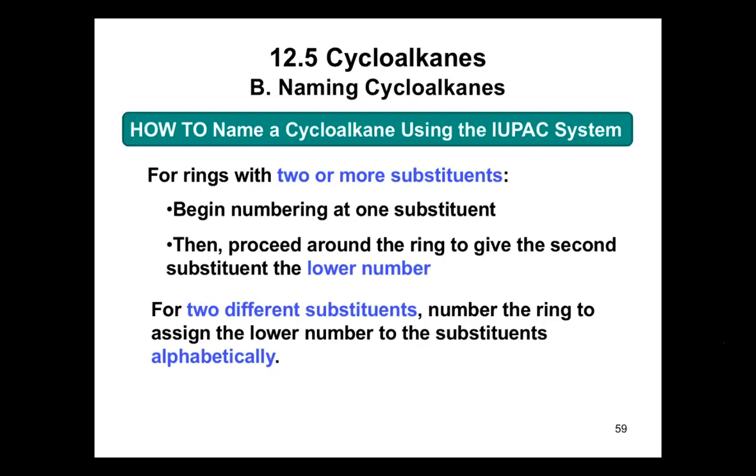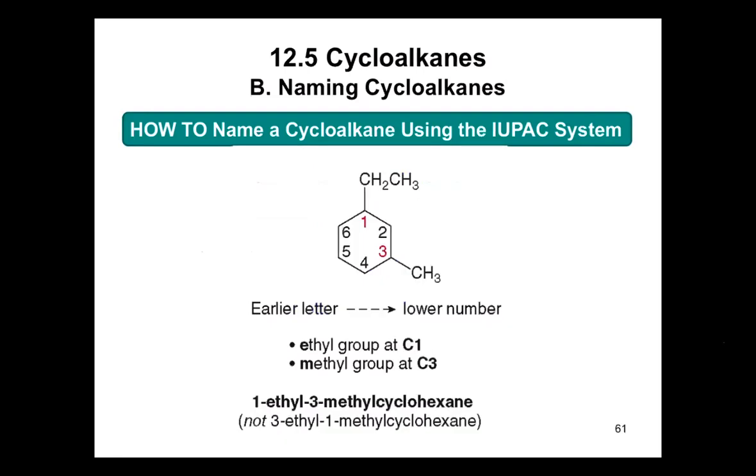So yung sa akin nating example, ito, yung isa ay methyl, yung isa ay ethyl, you assign the number to the substituents alphabetically. So, syempre, mauna yung ethyl. Yun yung carbon 1. Tapos, dapat yung sunod na substituent, lowest possible number pa din. So, 1, 2, pag ganun yung rotation. Okay, that's why.